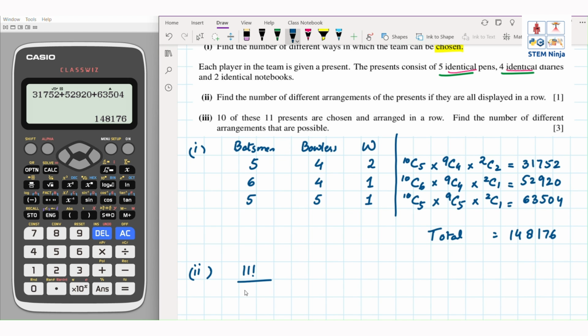But we have 5 identical pens, 4 identical diaries, 2 identical notebooks. So 11 factorial divided by 5 factorial times 4 factorial times 2 factorial. Sorry, I forgot the multiplication signs. That gives 6930.